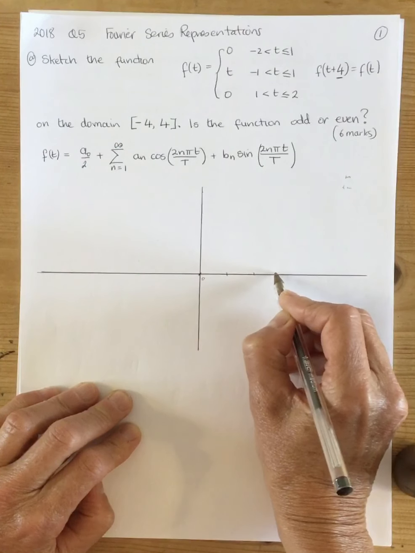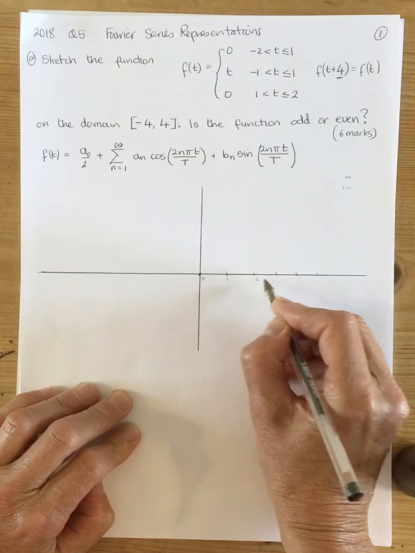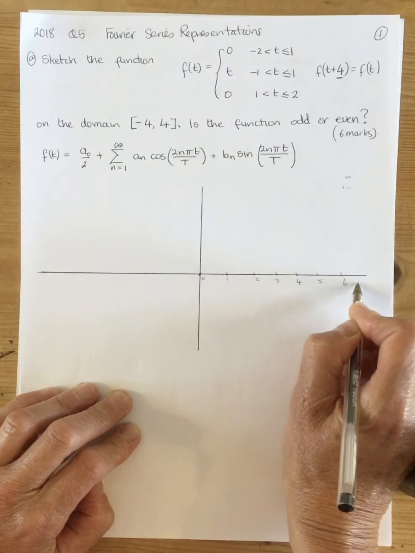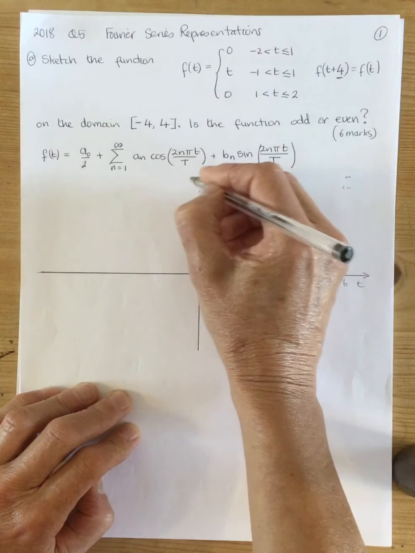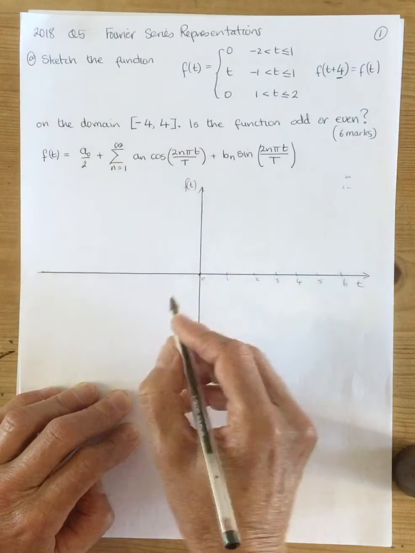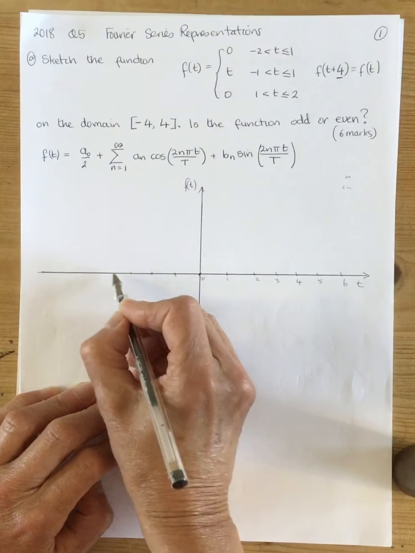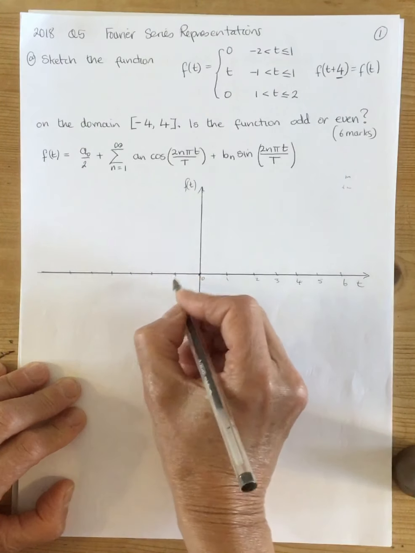Measure these properly. 1, 2, 3, 4, 5, 1, 2, 3, 4, 5, 6. And that's the t-axis. And up this way, the f of t axis: 0 and then -1, -2, -3, -4, -5, -6.